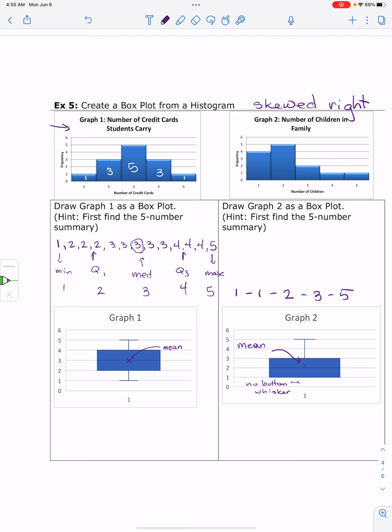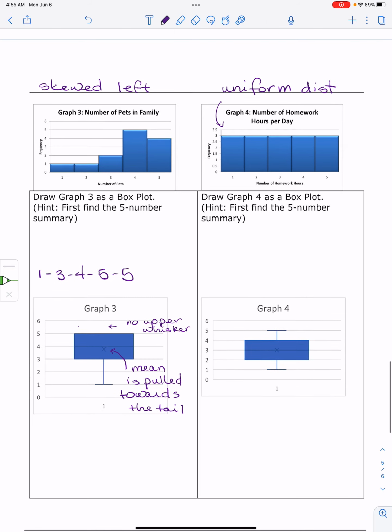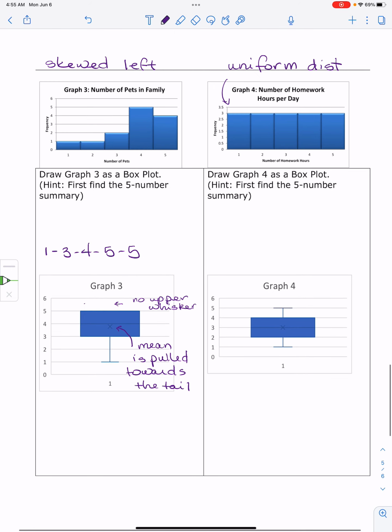Graph 1 was normal. And we'll define that a little more later. So our uniform distribution, if I were to list this out, 1 happens 3 times, 2 happens 3 times, 3 happens 3 times, 4, and 5.